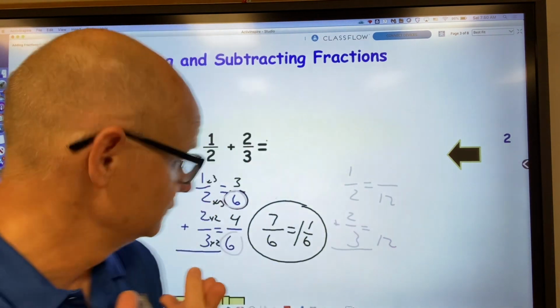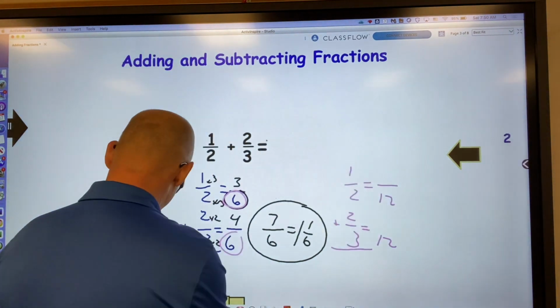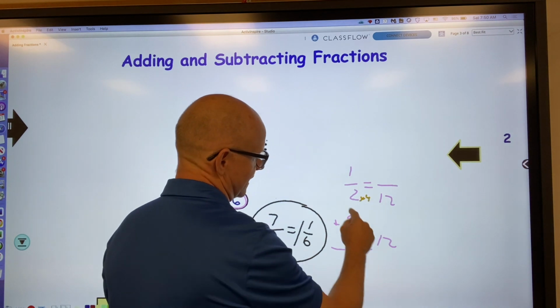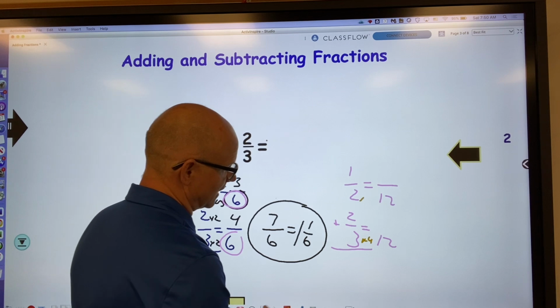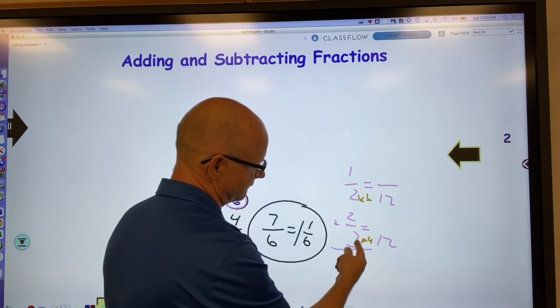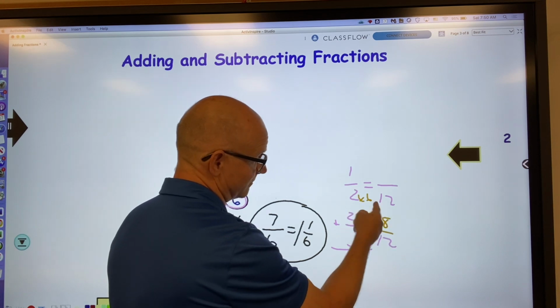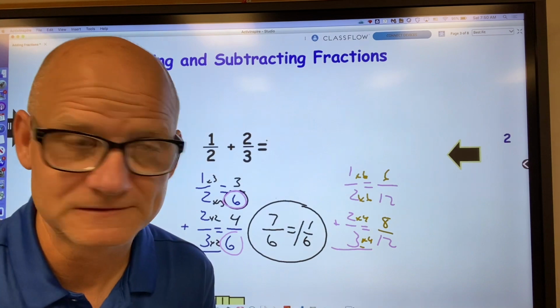Both your halves and your thirds can go into 12ths as well. So here I multiply by 6 to get 12, and here I multiply by 4 to get 12. So now I've just found equivalent fractions.